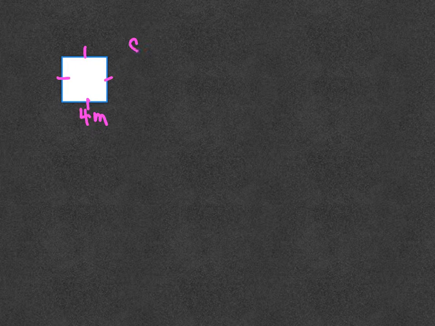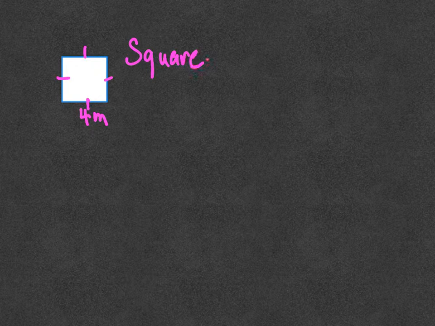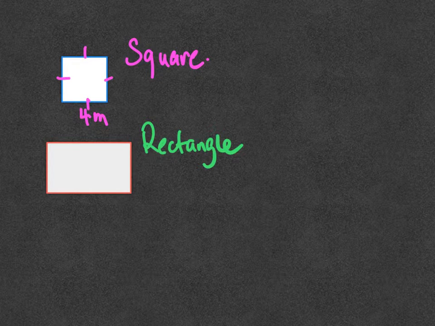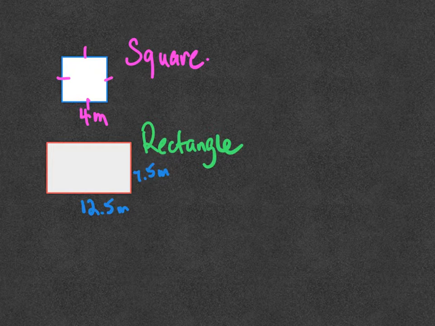Okay, so now I would like you to have a go. For the first part, let's say we have a square and our dimensions will be 4 meters. Remember, a square has all the same sides. So first one is a square. The next one, let's do a rectangle, and the dimensions for our rectangle, let's say it's 12.5 and 7.5, they're both meters.